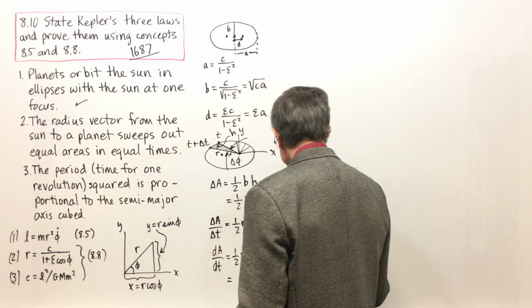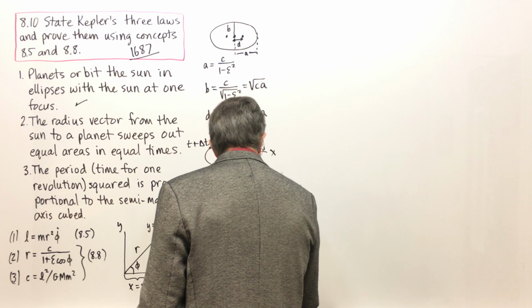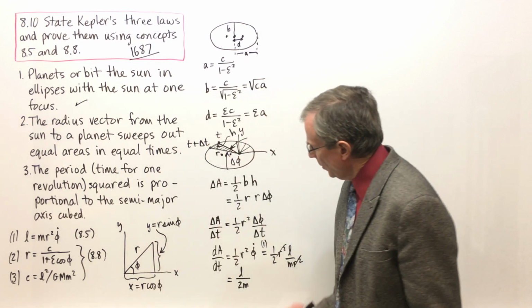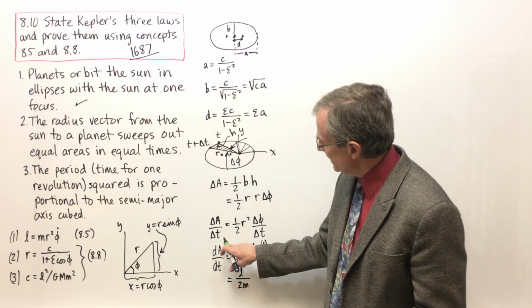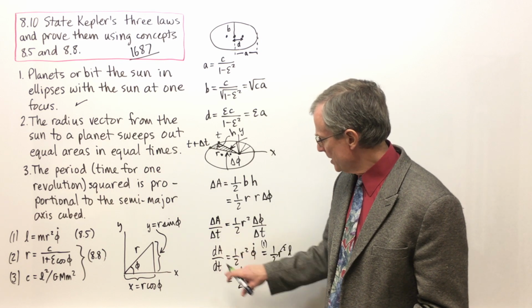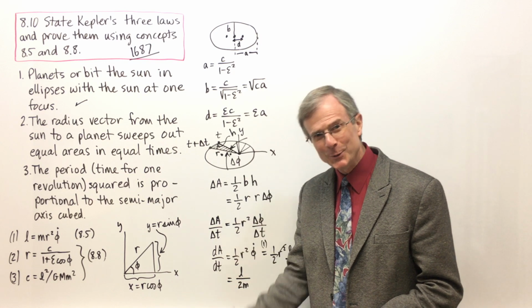This r squared kills this one, and we get L over 2m. What does that say? It says that the area swept out divided by the time is a constant. It doesn't depend on where you are in the orbit.